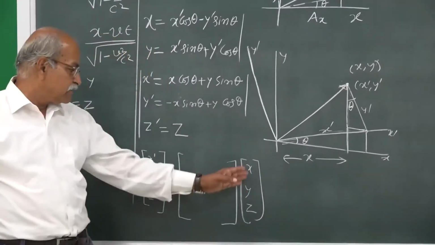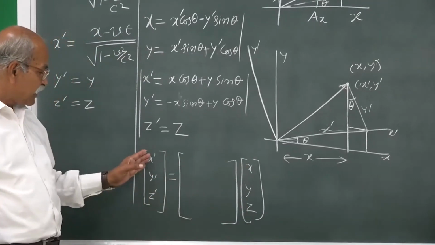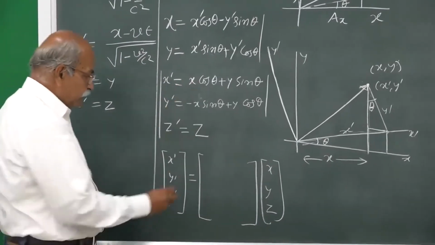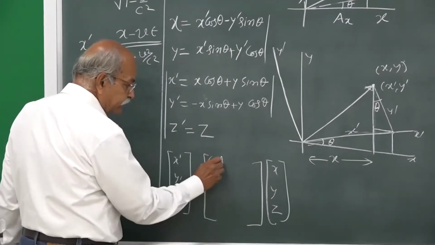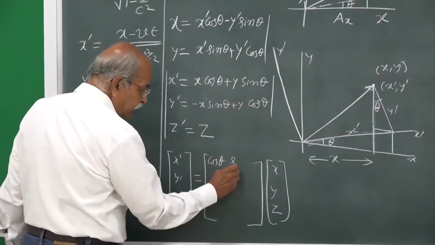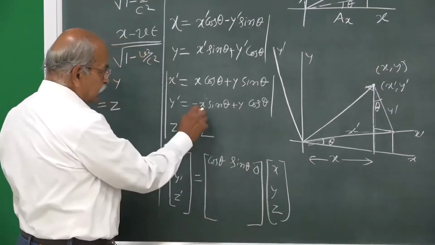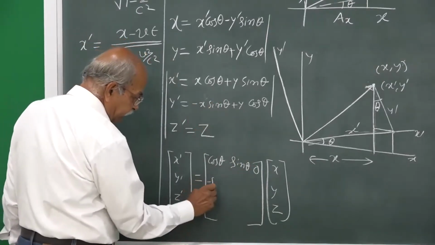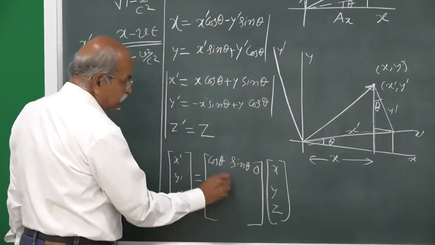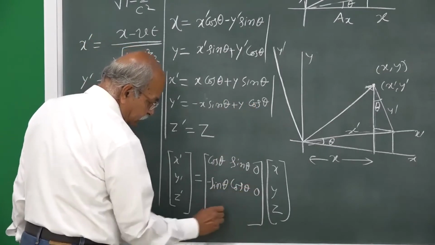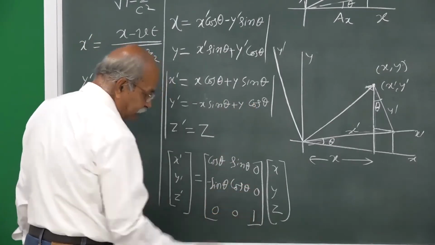So, from x, y, z you are going to x prime, y prime, z prime, and then if you write cos theta here and sin theta here and 0 here, then minus sin theta here, then cos theta here and 0 here and 0, 0, 1.